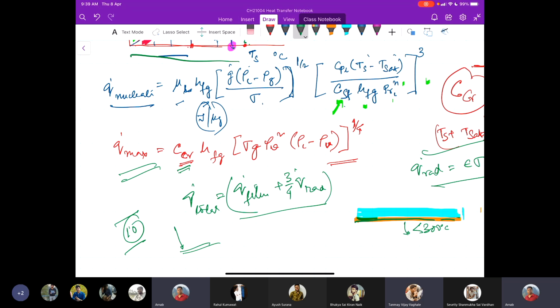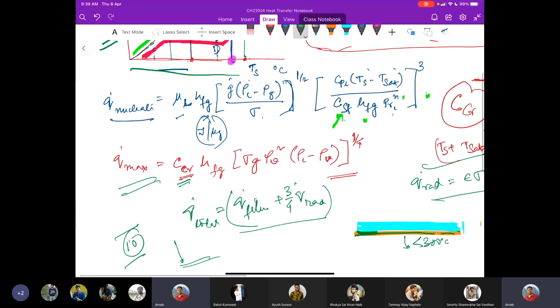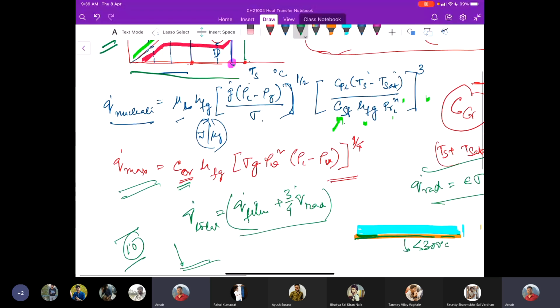Okay, sir. So the material properties are included in cases like this CSF I mentioned in the nucleate boiling regime, a constant related to the surface-fluid combination.